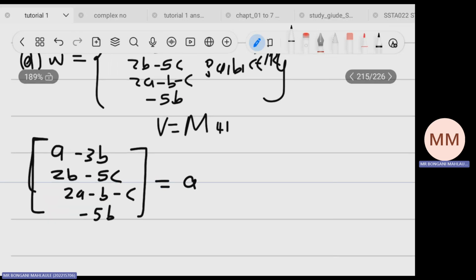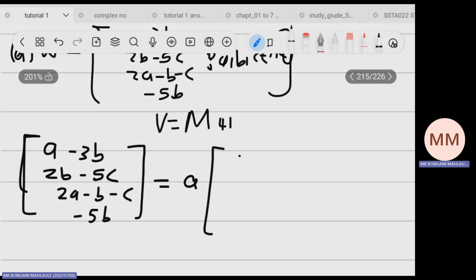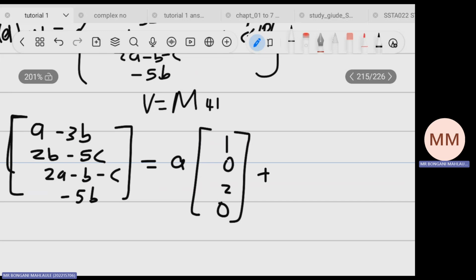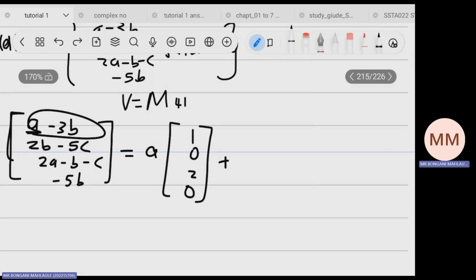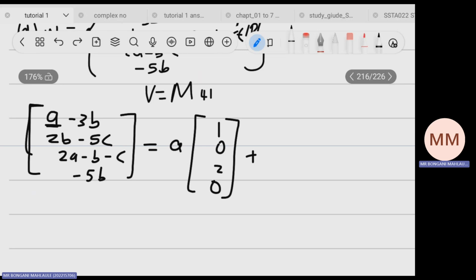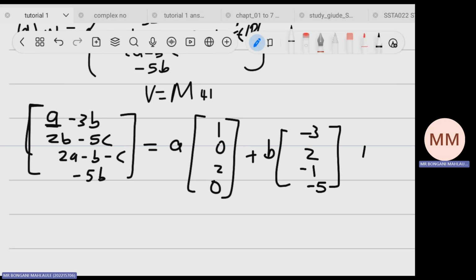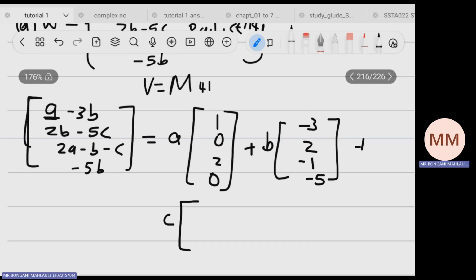If I take out A, you will have 1, 0, 2, 0. Then if I take out A, you'll remain with 1 here. Here you'll remain with 2. Here you'll remain with 0 and 0. So that's how I'm doing this. So I'm creating a basis. Then B, I take out B, you'll have -3, 2, -1, -5. I take out C.